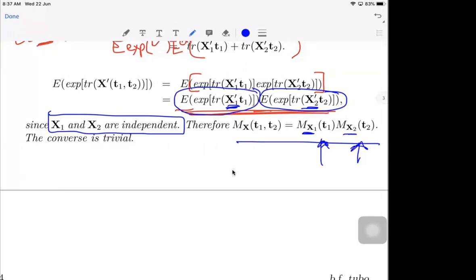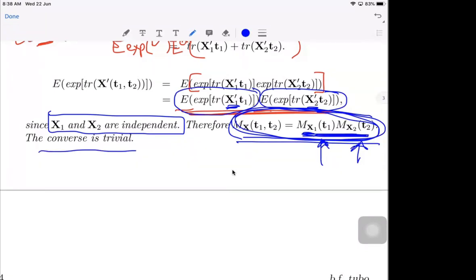The other way around is you assume that the moment generating function is equal to the product of its marginal moment generating functions, and show that x1 and x2 are independent.